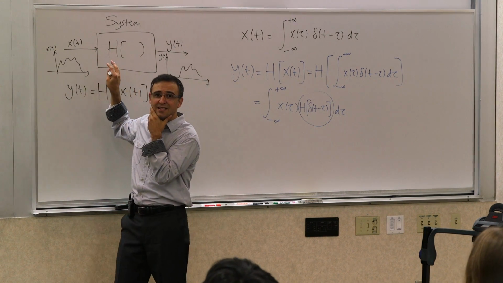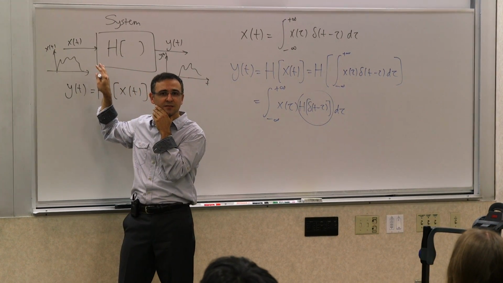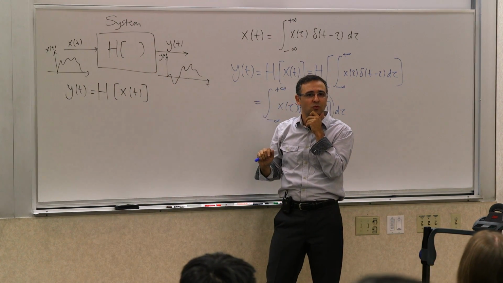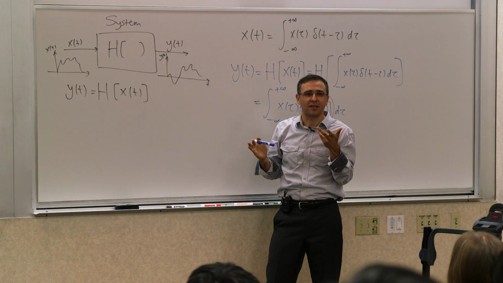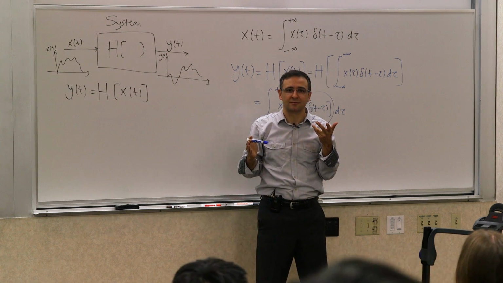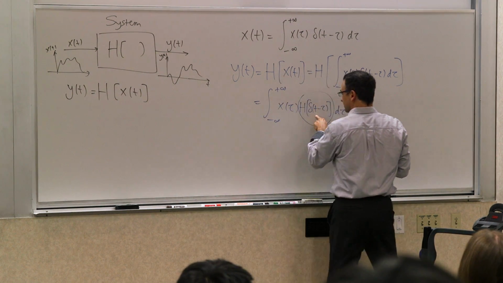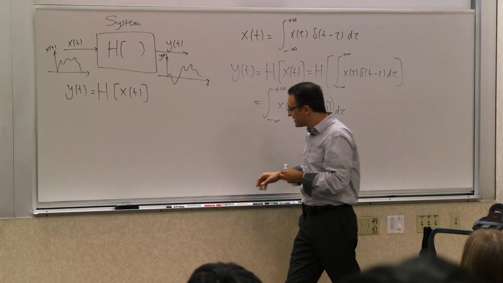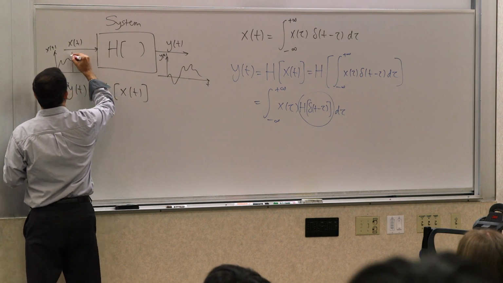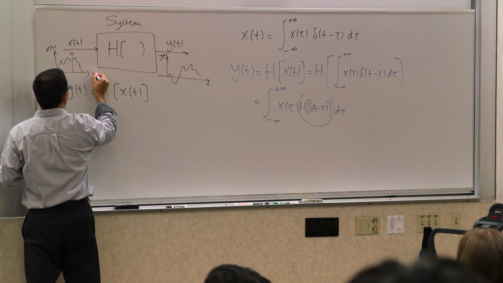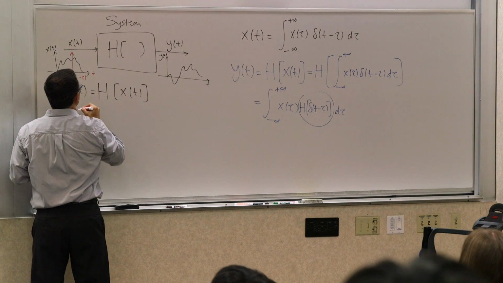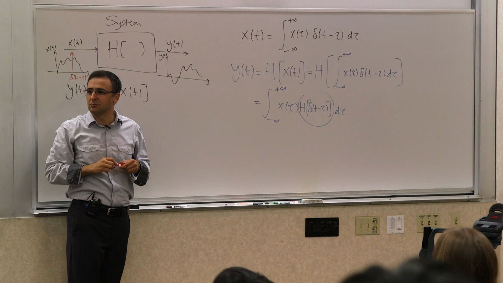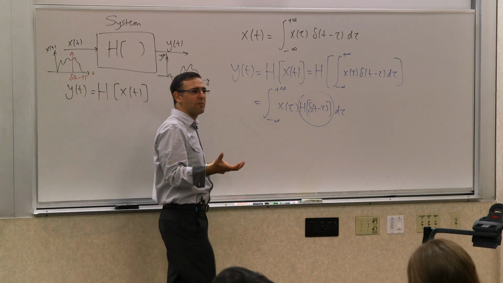It represents its response to something. What is that something? Delta of t minus tau, right? So it represents the response of the system when the input is a delta at time t equal tau. It's the response of the system to an impulse at time t equal tau, right? That's what that operator does.